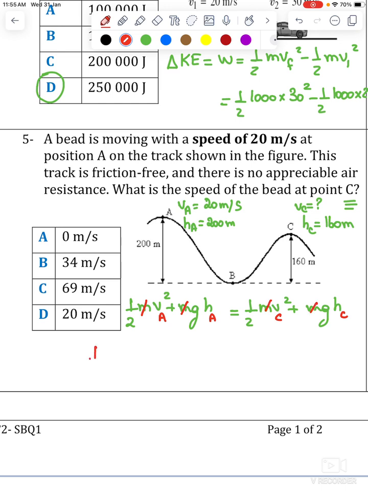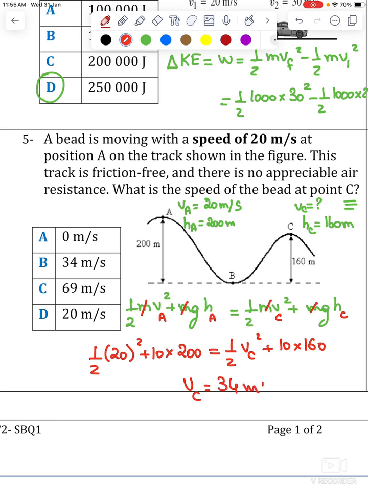I am left with half 20 squared plus 10 times 200 equals half VC squared plus 10 times 160. So VC is 34 meters per second.